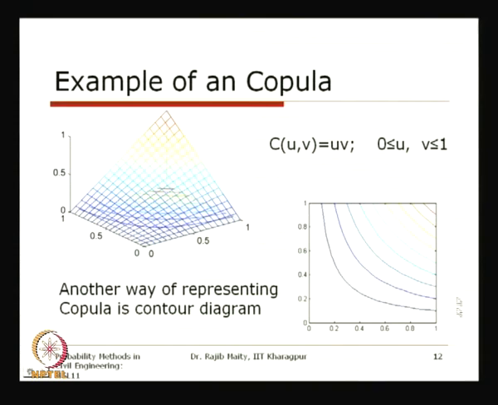Here the color bar is not mentioned, but you see that blue is 0 and red is 1, so it is gradually increasing. Obviously, the values of these contours should be mentioned here to properly represent the height of this surface above the ground.